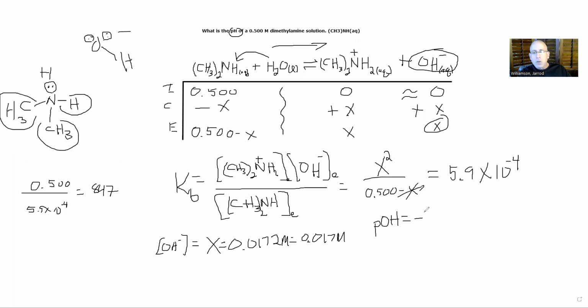That'll be minus the log of 0.017. That's two significant figures, so that means I write my pH number to 2 decimal places. And I get my pOH number, 1.77.